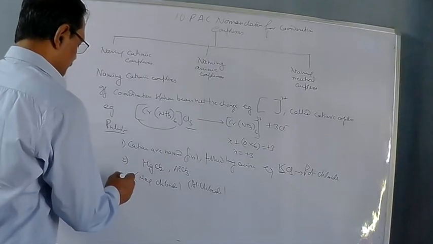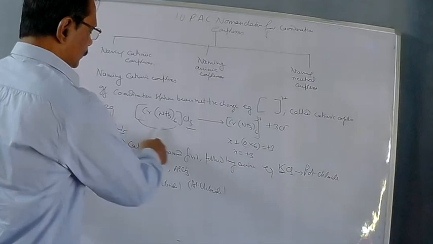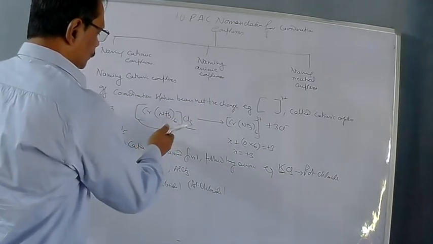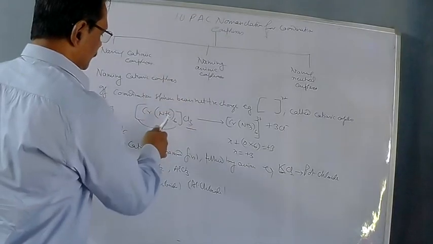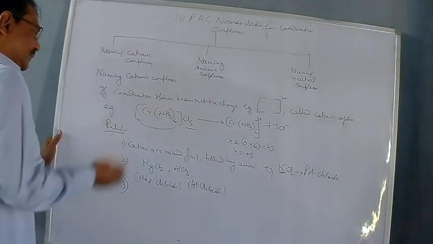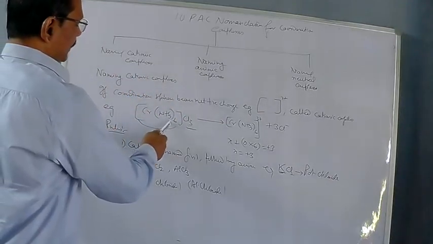Point number 3. While naming cationic complexes, this is a coordination sphere, so we will have to name them first. So class, remember always, ligands are treated as guests because they are going to come and give us lone pair. Therefore, they are always given priority.